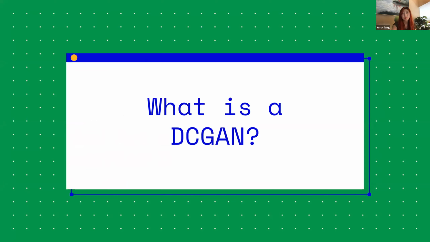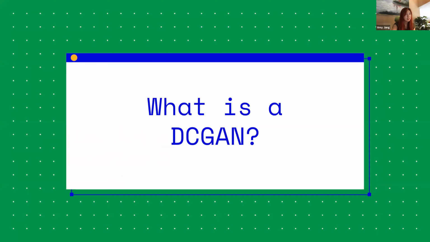And when I mean romantic period art, I mean art from the Romantic era, so like the 1800s by William Blake, etc. And before we get into the actual tutorial, we should probably start with understanding a little bit about the architecture. So what is a DCGAN?